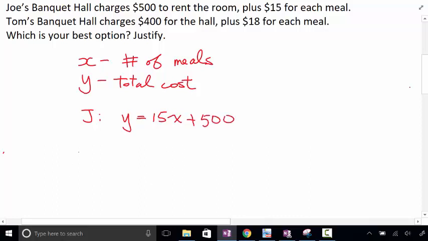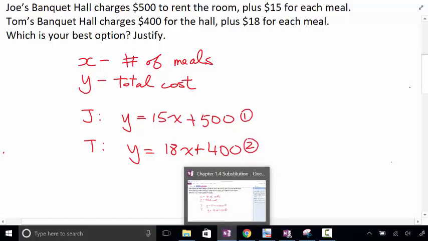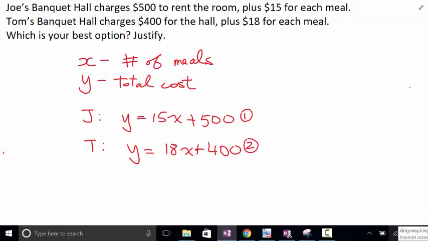And then let's make another one for Tom, and this is going to be Y equals what? 18x plus 400. Now let's call this equation number 1 and this equation number 2. I like to label stuff, so I think you should try to get used to labeling things too.